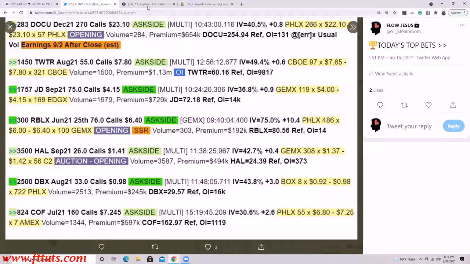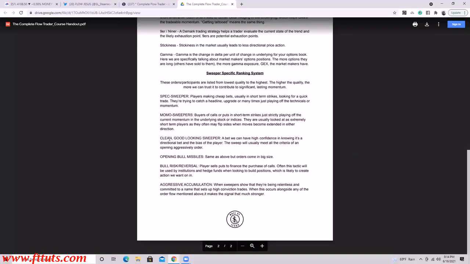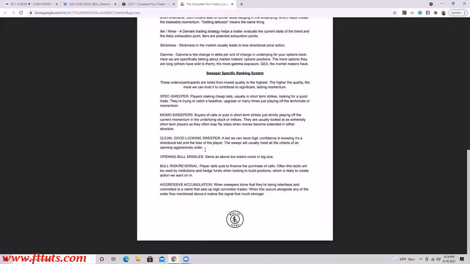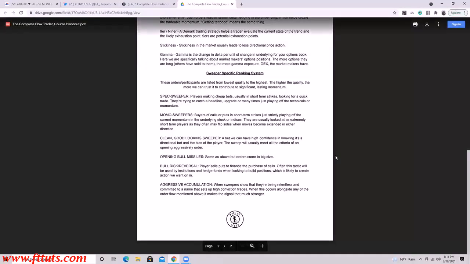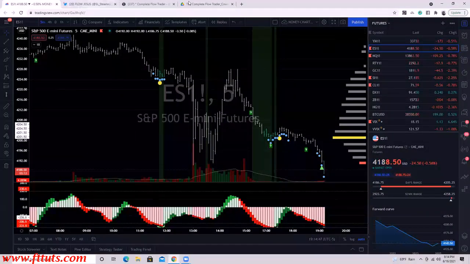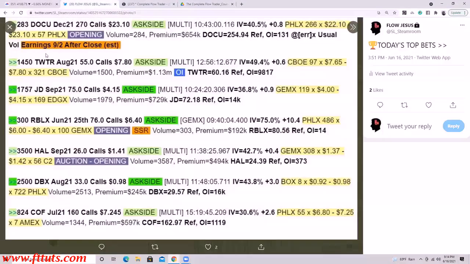Okay. So this here, what I was mentioning, is a clean, good-looking sweep that opens. So plain and simple, I'm trying to explain it as easy as possible here, right? This would be it.